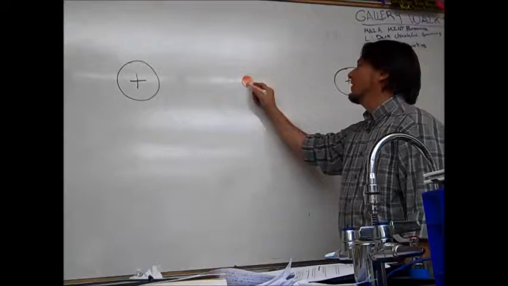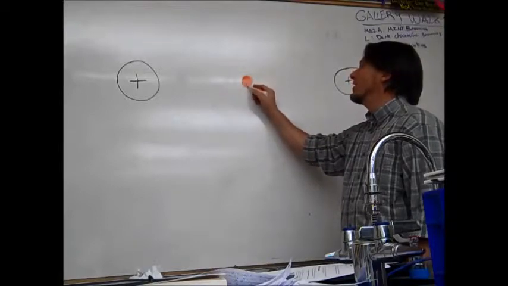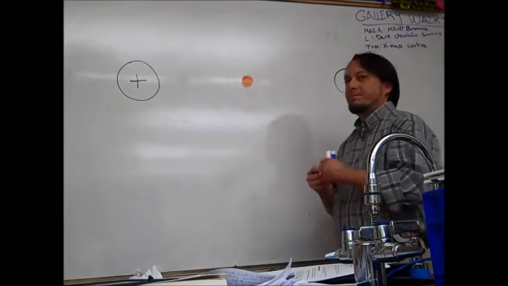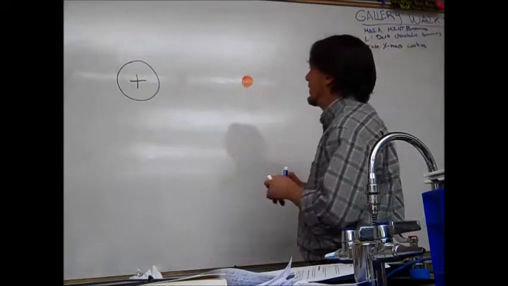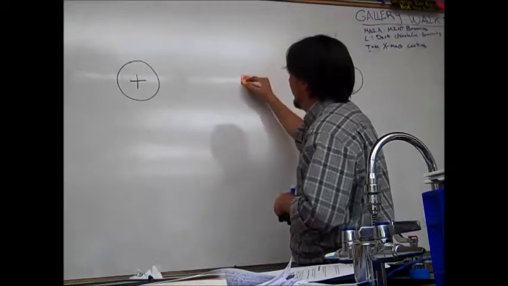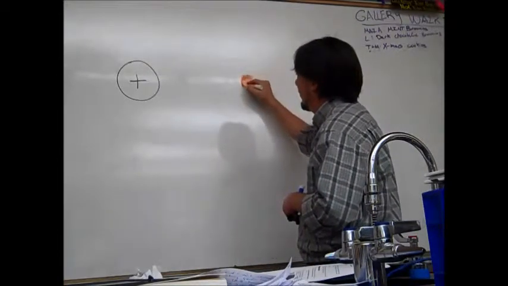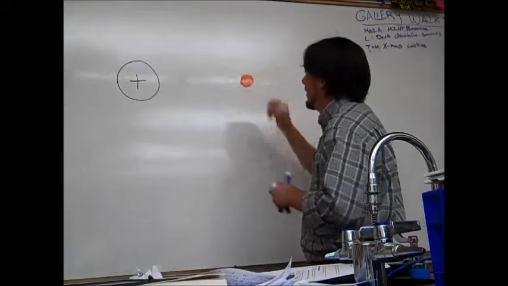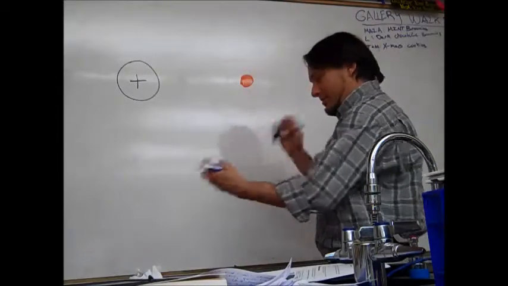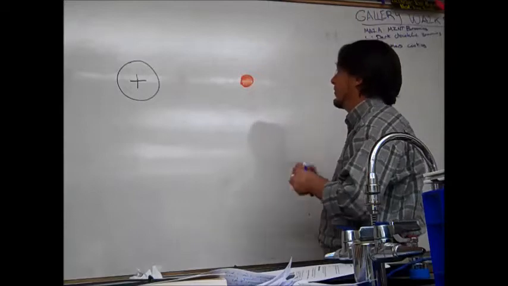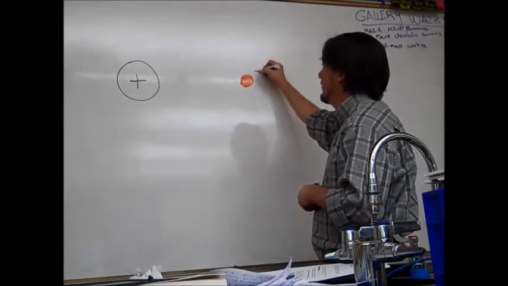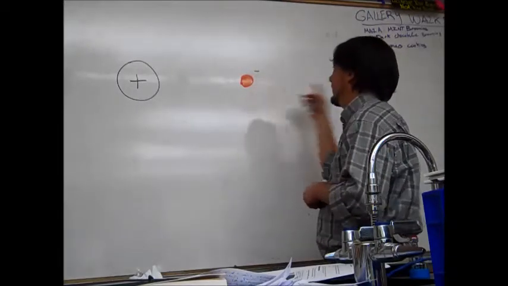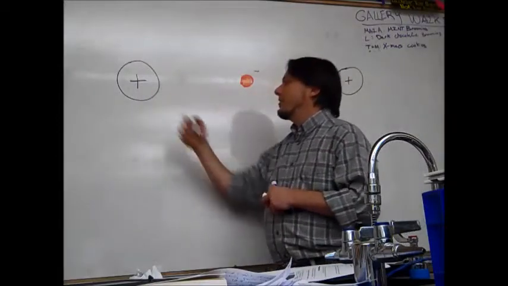It's actually not nearly as little as electrons really are. Electrons are really about 2,000 times smaller than protons, even though they have the identically opposite charge. In other words, the minus charge is exactly the same magnitude as the plus charge here.